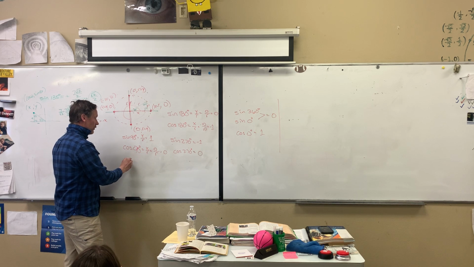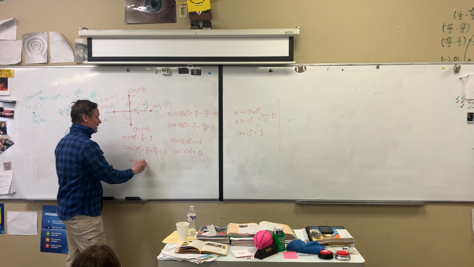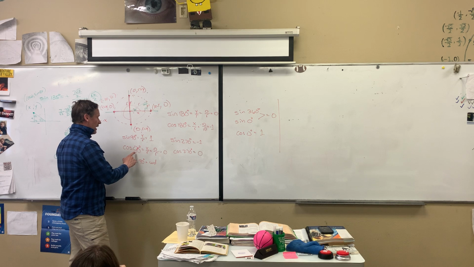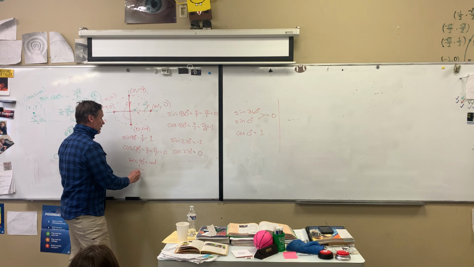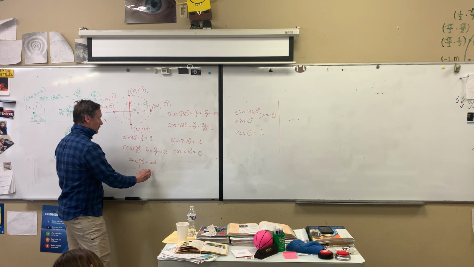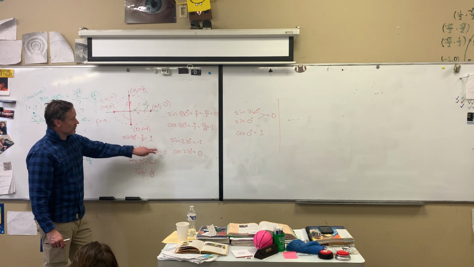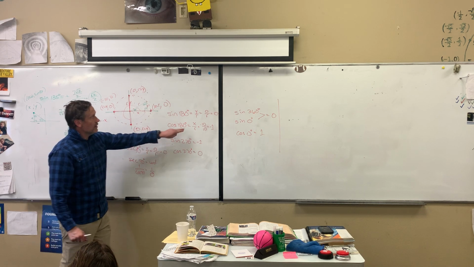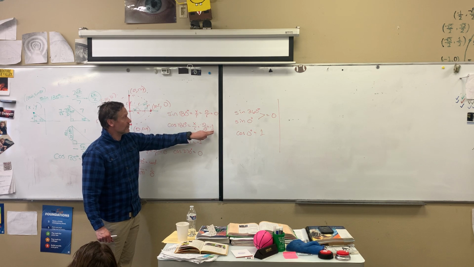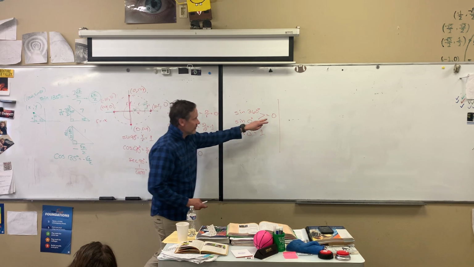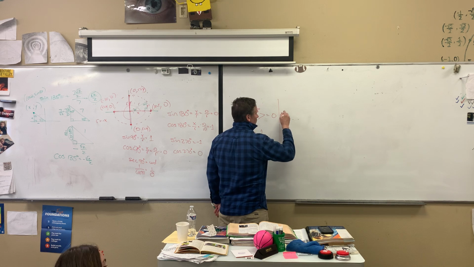Therefore, the secant of 90 is equal to undefined, because remember, secant of 90 is the same thing as 1 over cosine of 90, and cosine of 90 is 0. So the reciprocal of 1 is 1, the reciprocal of 0 is undefined, the reciprocal of 0 is undefined, the reciprocal of negative 1 is negative 1, so the reciprocals go 1, undefined, negative 1, undefined. So reciprocal is that way.